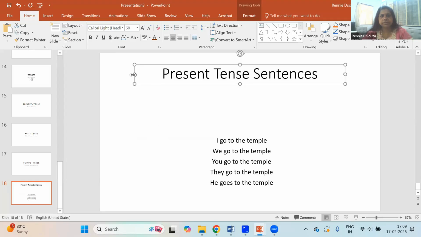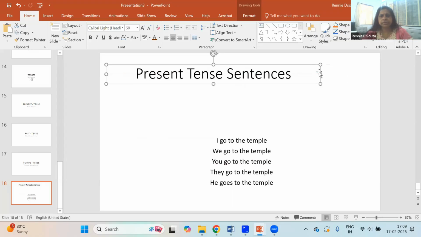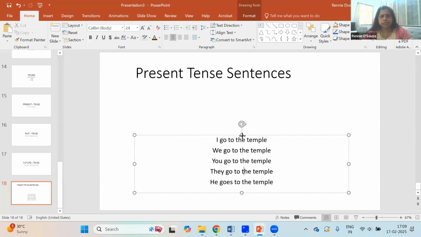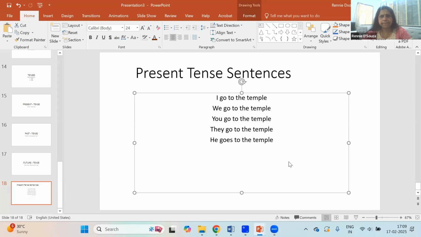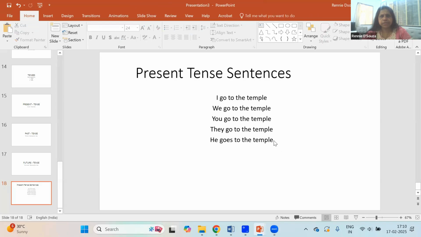We need to add es to the verb. He goes to the temple. Similarly, she goes to the temple, and it goes to the temple.